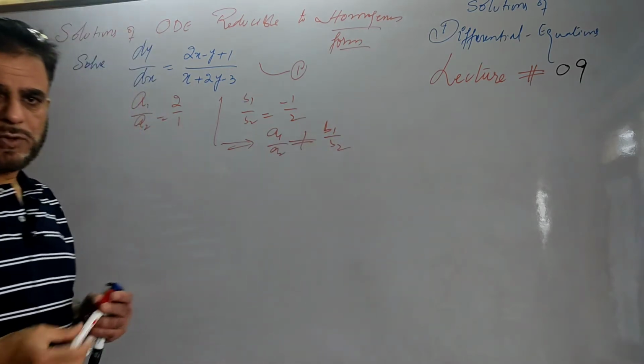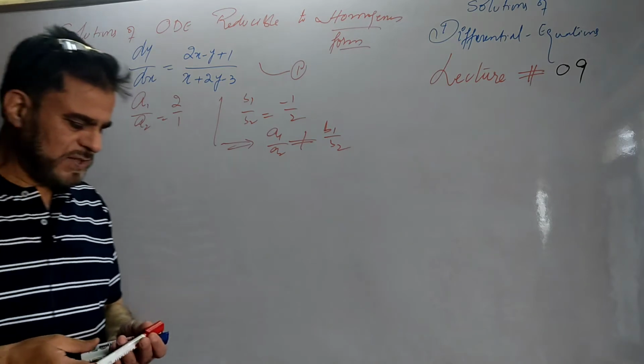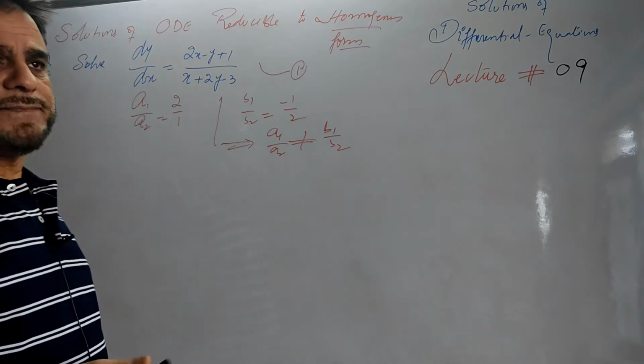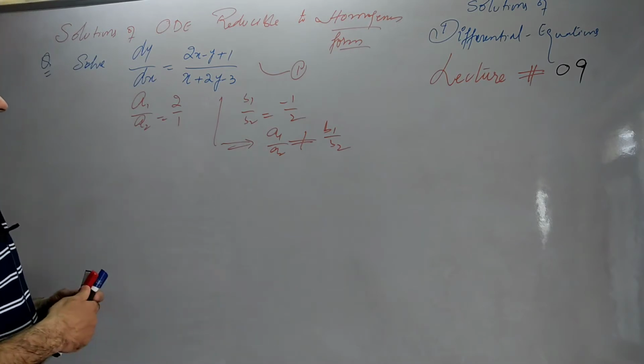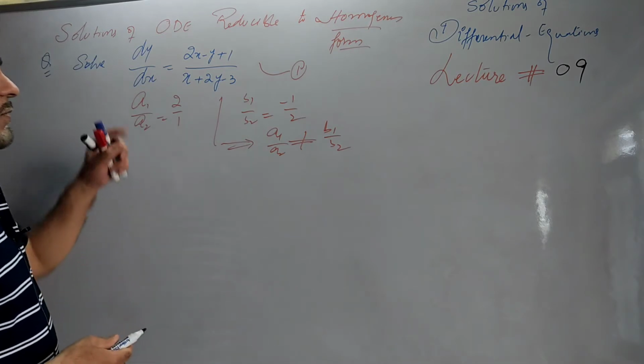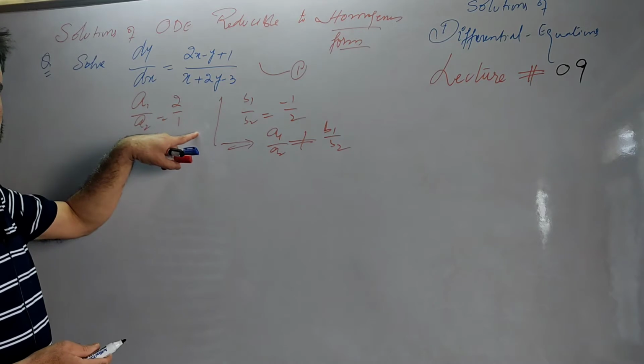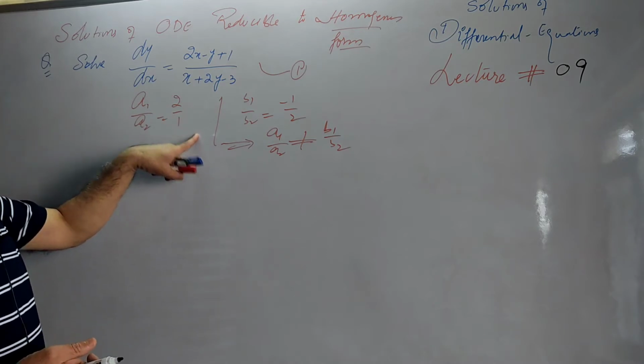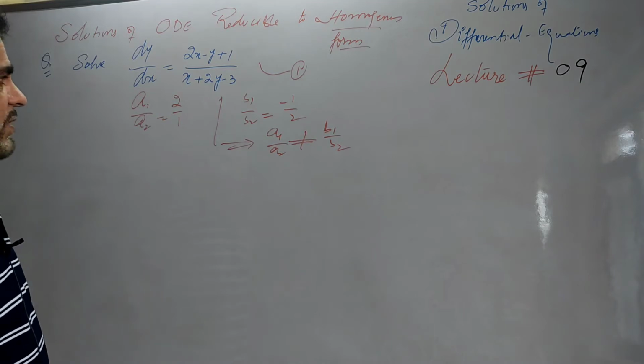Now you want to solve this differential equation. How will you proceed? You will apply the method by which the equation is reduced to homogeneous form. The second method is the factor method, where we get a common factor. This is the change of variables method.